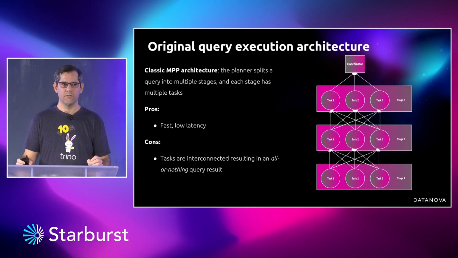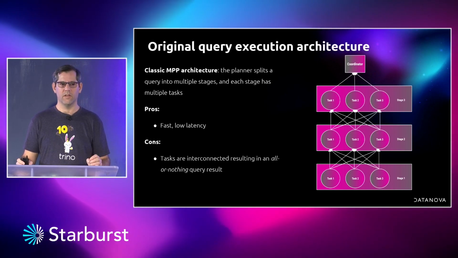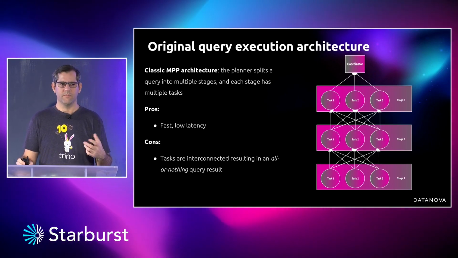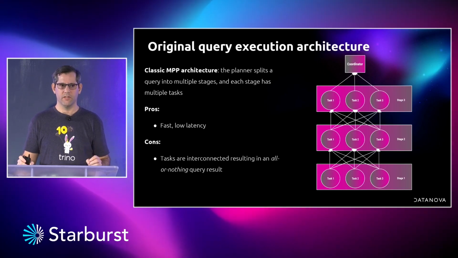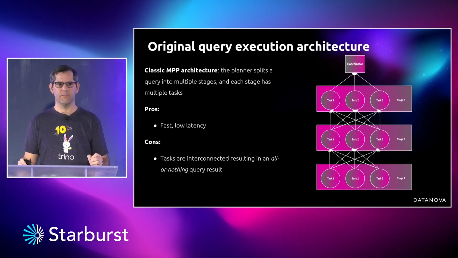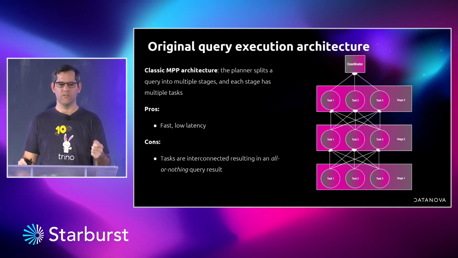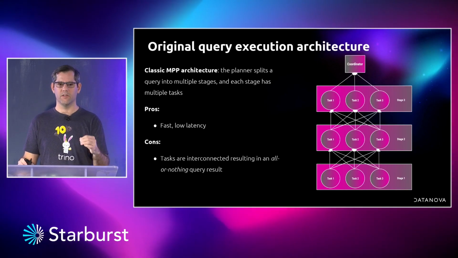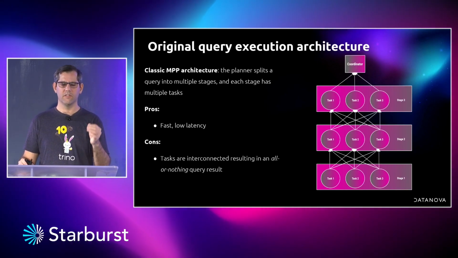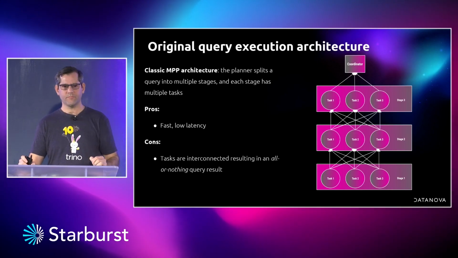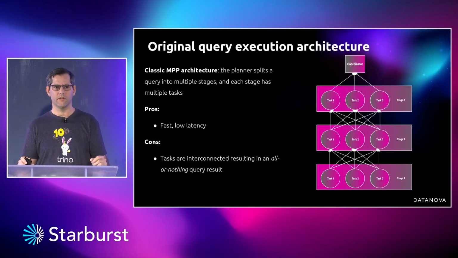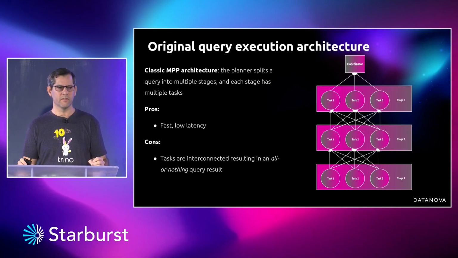And all the tasks need to be running at all times while the query is running, which means that all the data, all the working set, needs to be held in memory, and if anything fails in the middle, you have to restart the whole pipeline because some data may have already been consumed by downstream tasks. There's no mechanism to tell downstream tasks, hey, you already saw this, I'm going to recompute it, so this is the same result computed again. So this is the core of why Trino had those limitations.